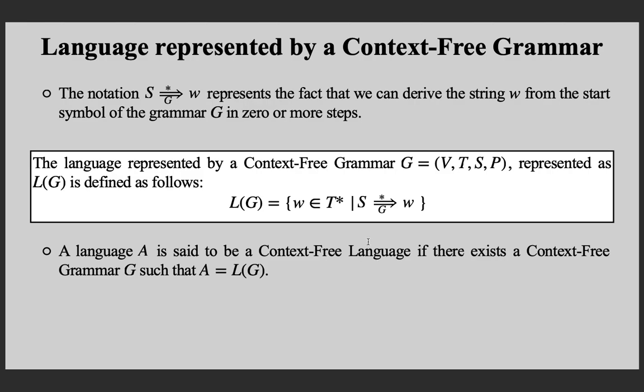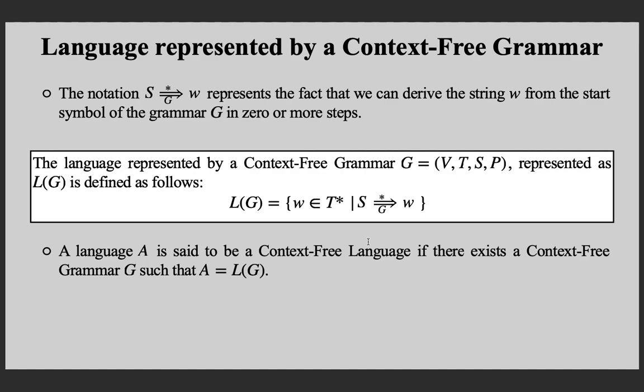That is, a language is context free if there exists a context free grammar generating that language. So, if you want to prove that a language is context free, then you can just come up with a context free grammar representing that language.